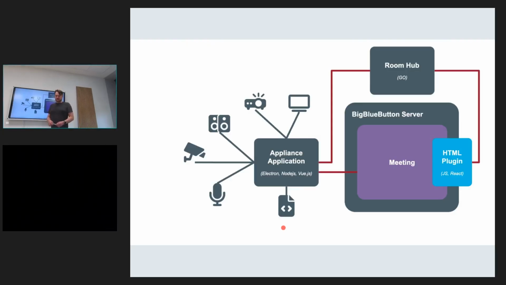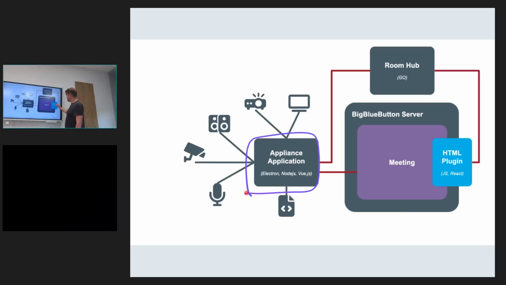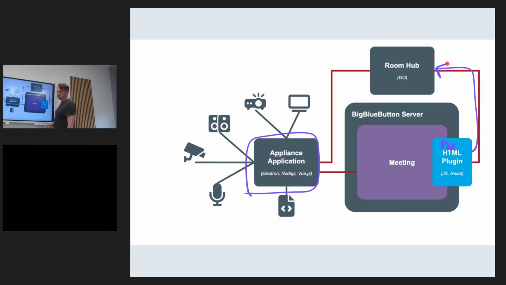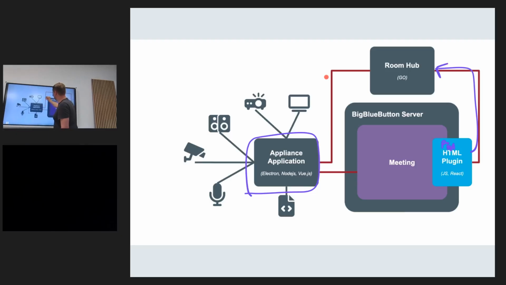How does this work from the technical side? There we have a few more components in the background. I already talked about the appliance before, the one that connects to the meeting. When you enter your PIN number here in the plugin in the BigBlueButton session, this PIN is sent to a server component that, via this PIN number, can find the appliance that is sending this PIN number as well to this Room Hub component.